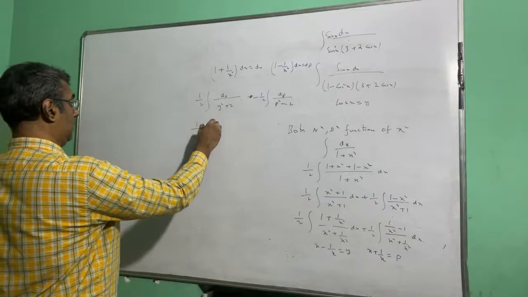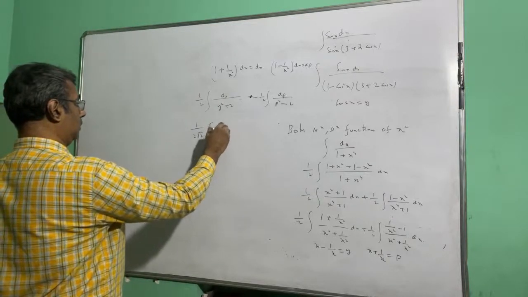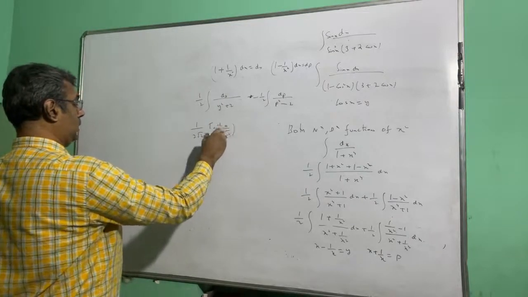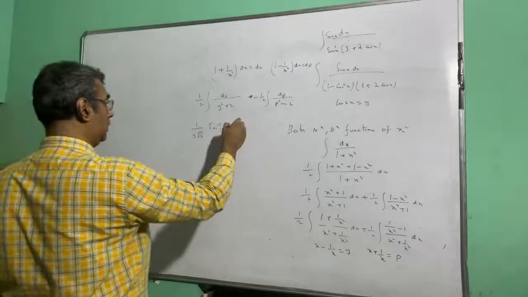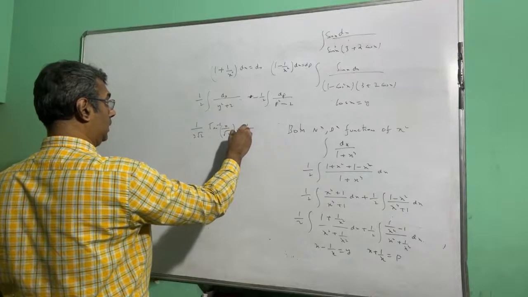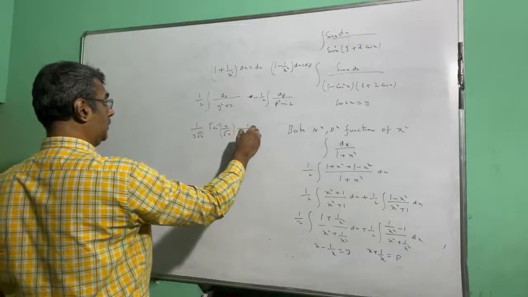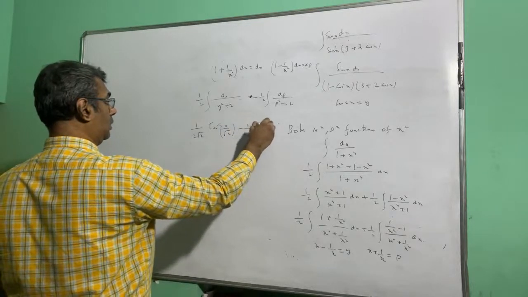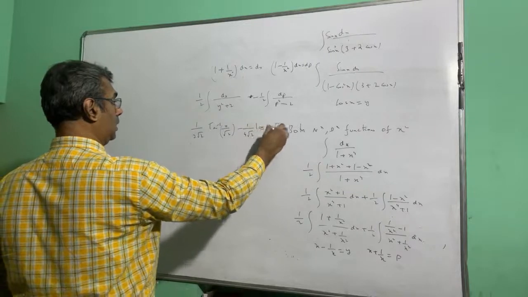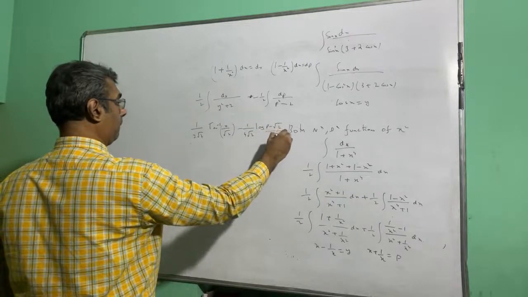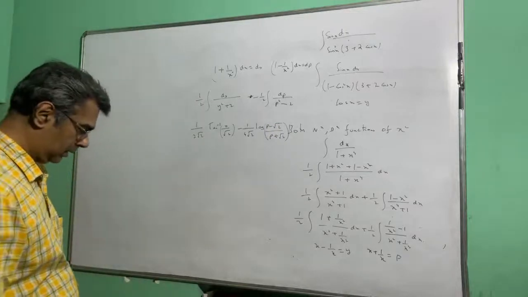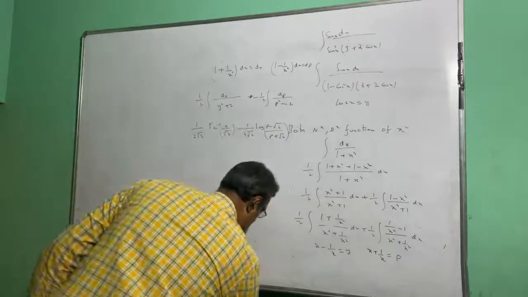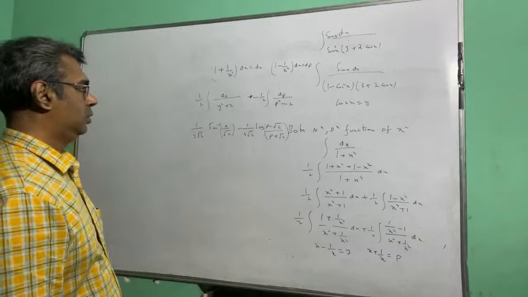So 1 by 2 root 2 tan inverse y by root 2, and this will be minus 1 by 4 root 2 log p minus root 2 by p plus root 2.